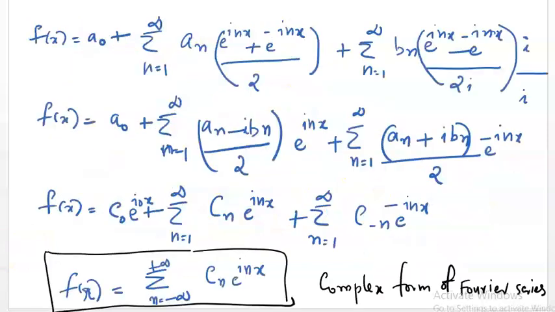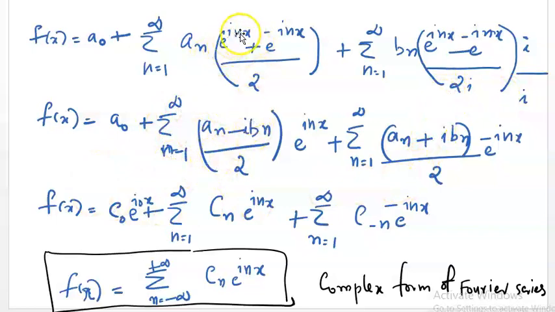So we have f of x equal to a0, an cos nx is this, and bn sin nx is this. And we multiply both numerator and denominator by i here, so we will get i into i, minus. So f of x is given by this.